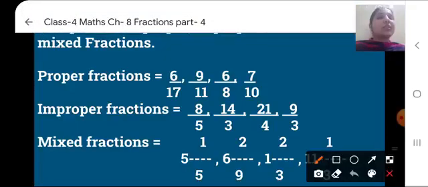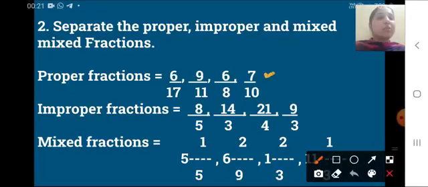Those whose numerator is smaller than the denominator. Here you can see 6 upon 17, 9 upon 11, 6 upon 8, 7 upon 10. All these are proper fractions because their numerator is less than the denominator.